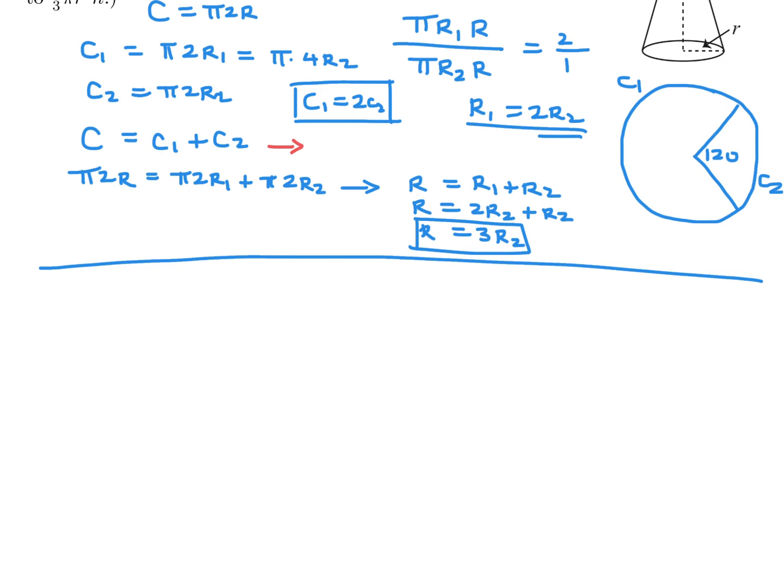Moving ahead with pretty much the same equations, we've got C is equal to C1 plus C2, and C would therefore be 4 pi R2 plus 2 pi R2, and therefore C would be equal to 6 pi R2.